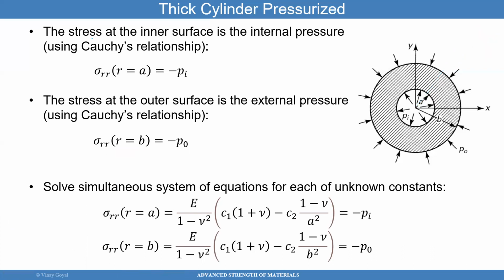Now I can look at sigma RR at R equals A, just inside that surface, which is minus the pressure just inside the surface. So you can see how the pressure came into the equation. It came through the boundary conditions. Any loads you apply to the system are always introduced through the boundary conditions. And you can see that happening here.